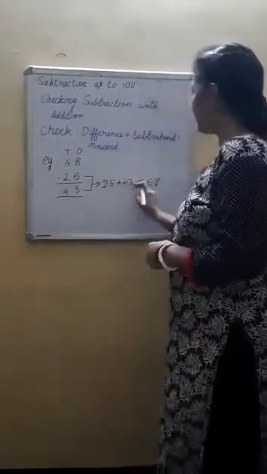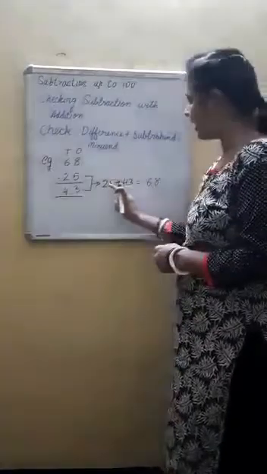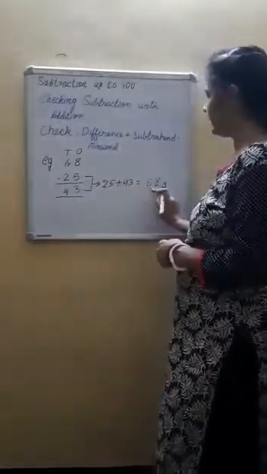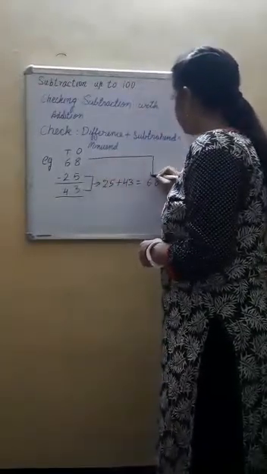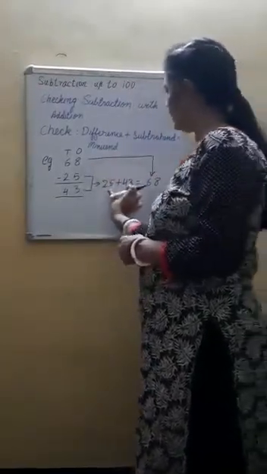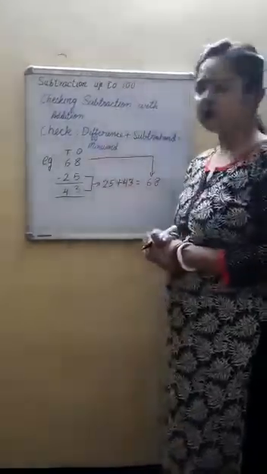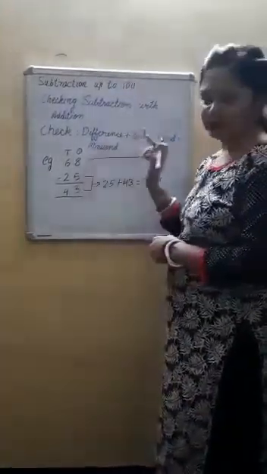So when we add 5 and 3, we get 8, and when we add 2 plus 4, we get 6, so 68. So you can see that the answer which we get adding these two numbers is equal to the minuend.